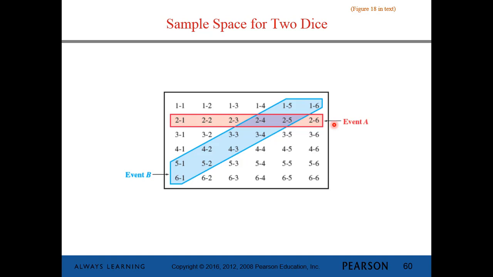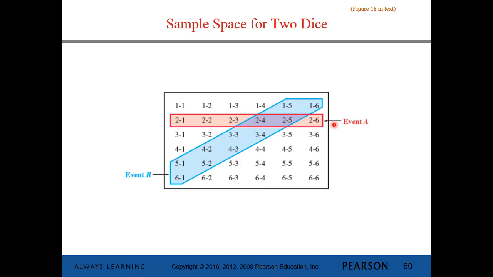Okay, so I want the probability of getting either a 2 on the first die or getting a 6 or a 7.